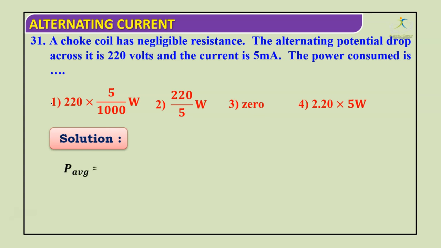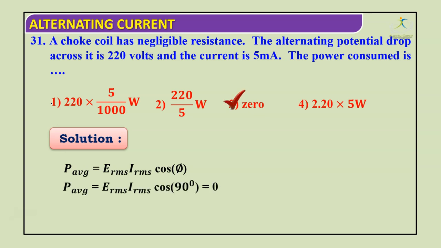Move with the solution. P average is equal to ERMS times IRMS times cos phi. Here cos phi is zero, as phi is 90 degrees, so the result will be 0. Accordingly, the correct option will be 3.